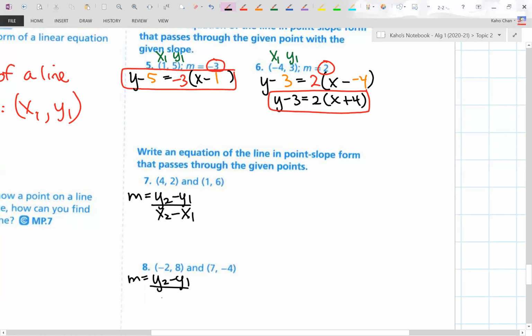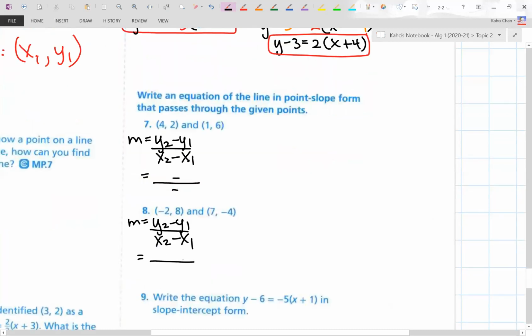The difference in y's over the difference in x's. Just plug it in, right? And when you're doing this, make sure you put in the right numbers in the right spots.